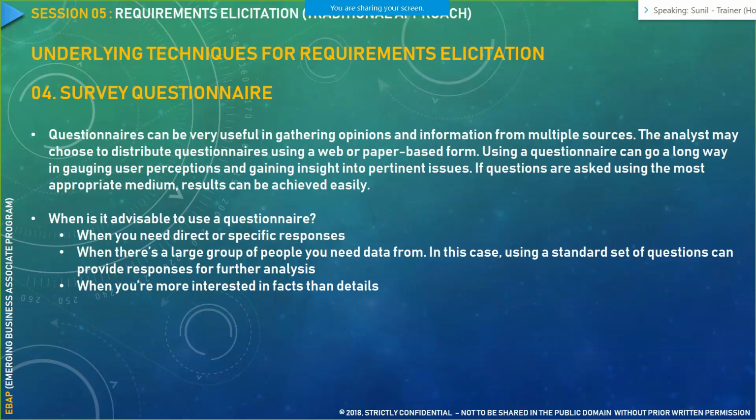Typically it happens in a context wherein you are improvising the system or improving the user experience of the system. For example, take a website like Facebook. Facebook creates a survey questionnaire saying we are in the process of developing these 4 features. They send out this questionnaire about these 4 features to different users and ask which feature is most important to you, rate on a scale of 1 to 5.